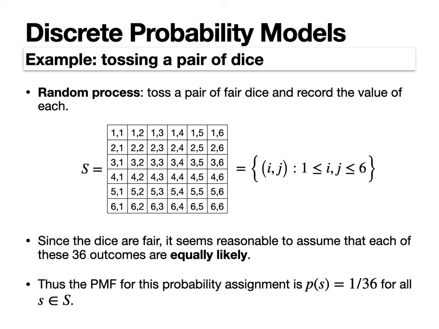Since the dice are fair, it seems reasonable to assume that these 36 outcomes are all equally likely. So in this case, the probability mass function would just be a constant function, right? p of s, where s is any outcome, would just be 1 over 36. And that's because all the outcomes are equally likely. Since there are 36 of them, they all have to have probability 1 over 36.